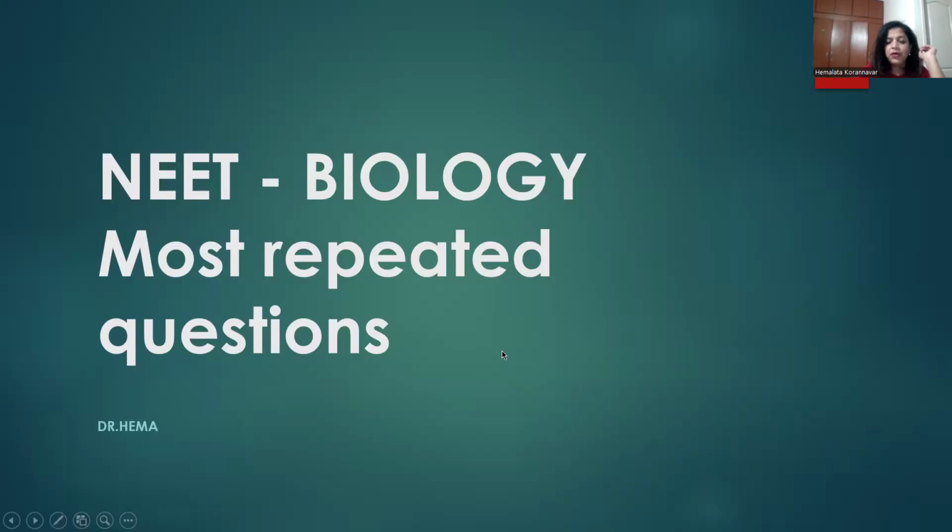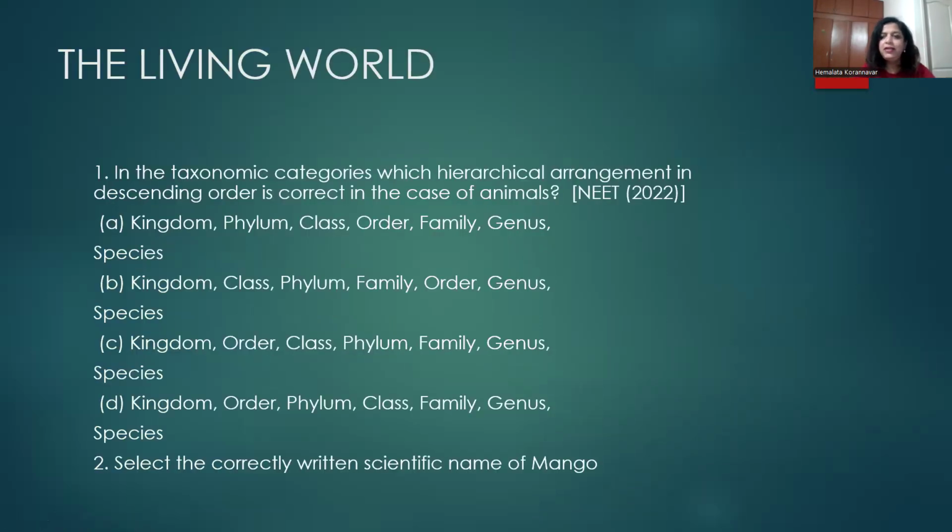First question. It is from Living World. Every chapter, one or two questions I'll do. In taxonomic categories, which hierarchical arrangement in descending order is correct in case of animals? Most of the time students look at that and write it off.